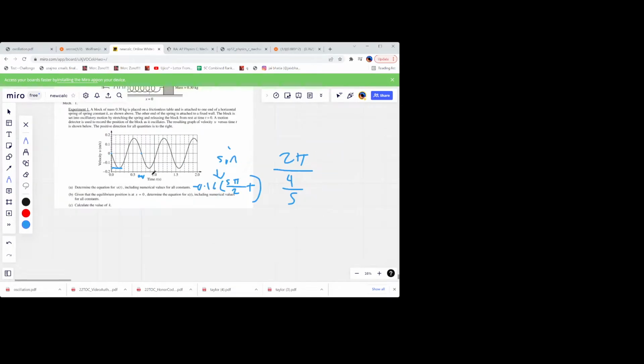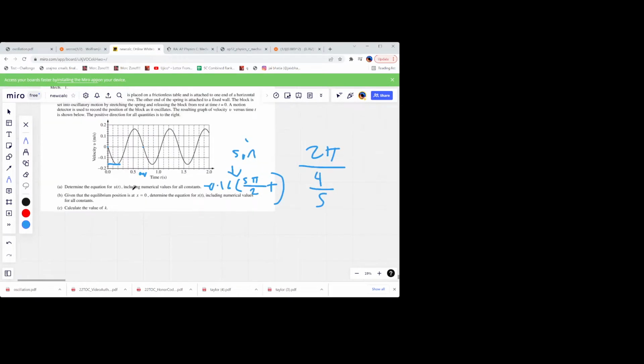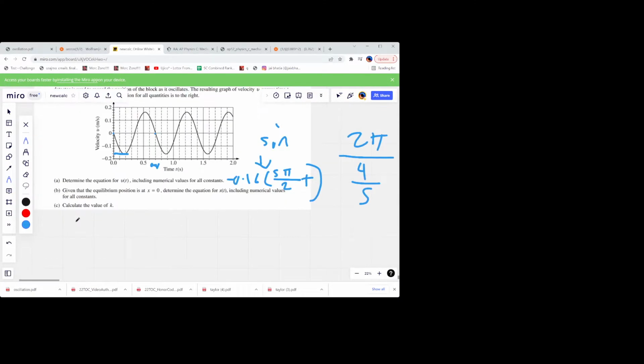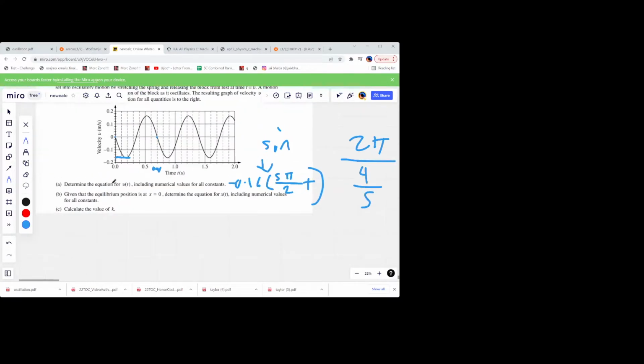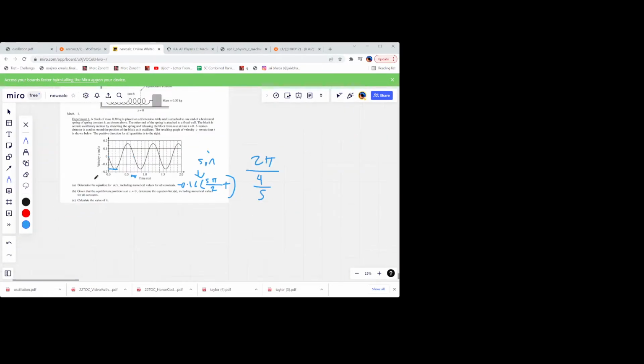So here, what we know... So we could just directly integrate this, or if we were being a bit smart about it. Oh, wait, the equilibrium position is at x equals 0? Oh, that means that there is a phase shift for x that somehow went... Oh, wait, what?